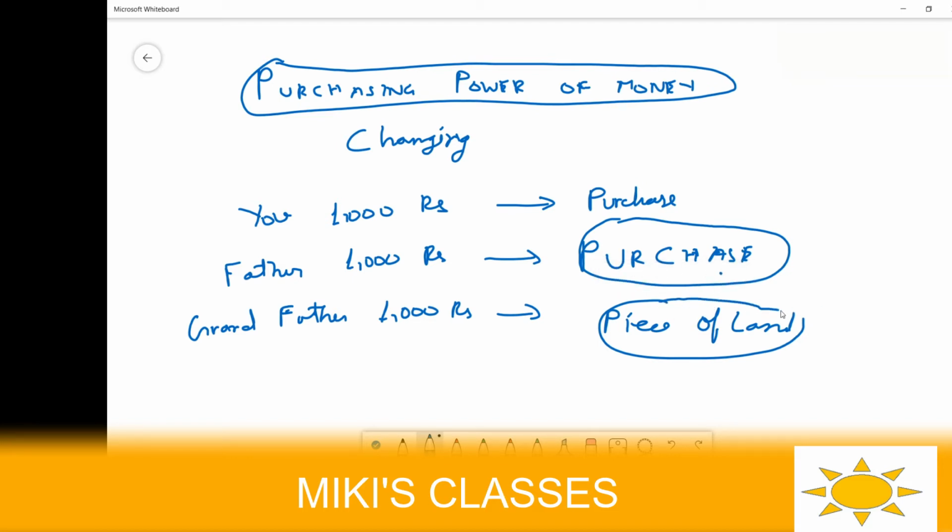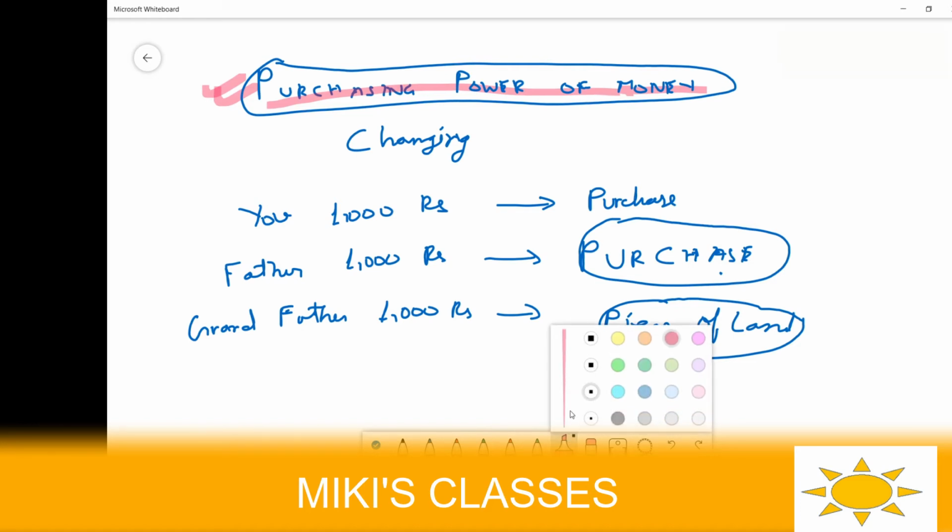This is so because of this concept. What is it? The purchasing power of money, which keeps on changing. This keeps on changing, isn't it? And because it keeps on changing, think of it from your perspective now.